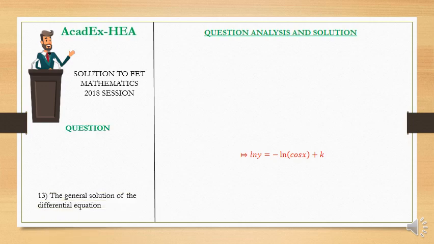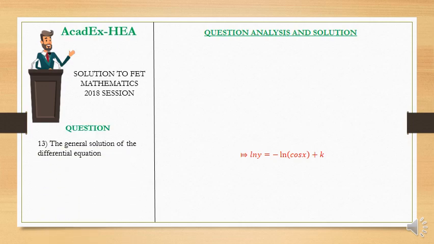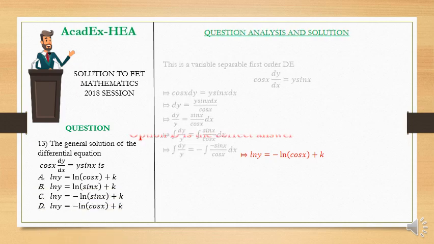Okay, question 13. The general solution of the differential equation cos x dy dx equal to y sin x is A, B, C, D. Alright.